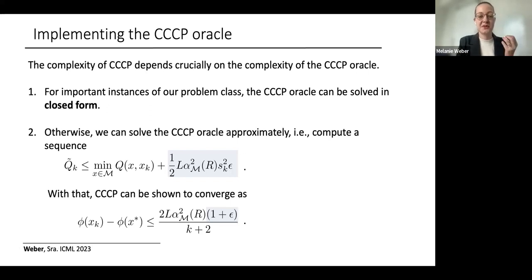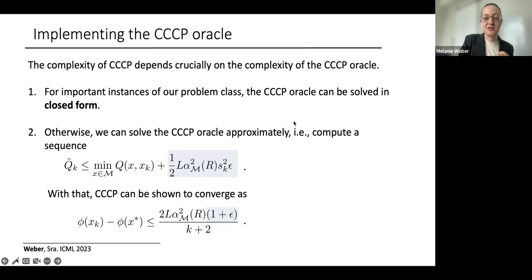Just to note on this other case where we don't have a closed form solution. Here there's a similar argument that we can make as we did in the Frank-Wolfe case, where we have an error term that depends on epsilon, which characterizes an additional term that depends on constants that are specific to the objective function or the geometry of the underlying manifold.